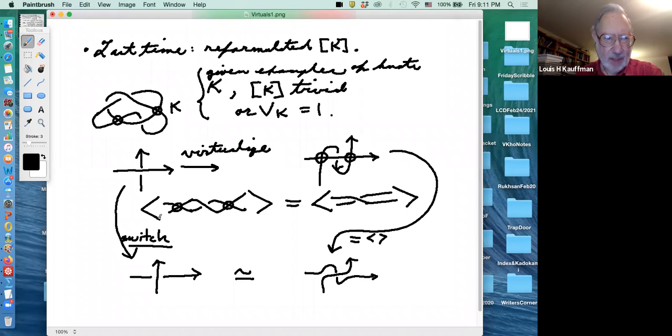Of course, that means that if you were to look at the bracket polynomial of this knot, it would be the same as the bracket polynomial of the ordinary trefoil after switching. Here's the trefoil, and this went by virtualization, and this goes by switch, which I'll just write as SW.